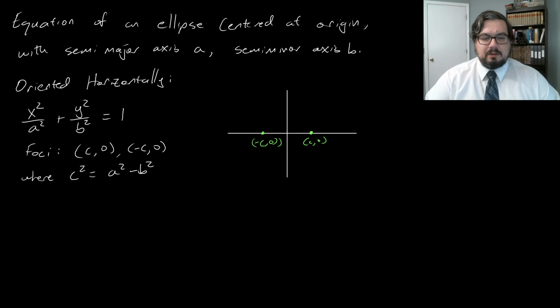We have our ellipse with vertices at a, 0, negative a, 0, 0, b, and 0, negative b.